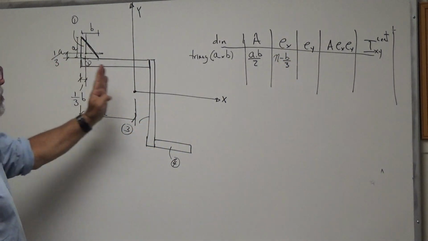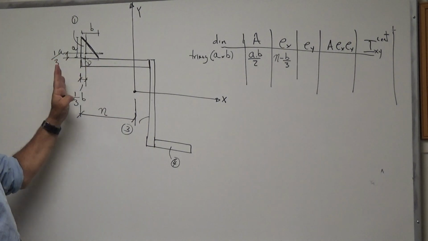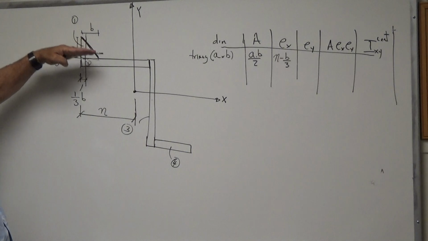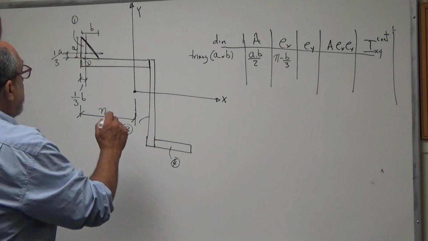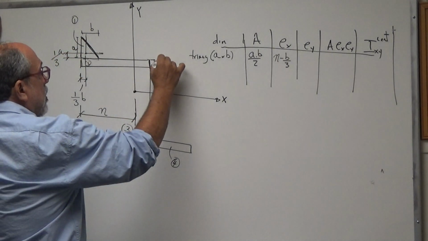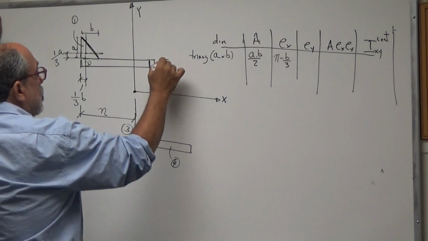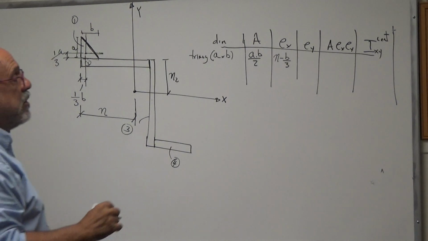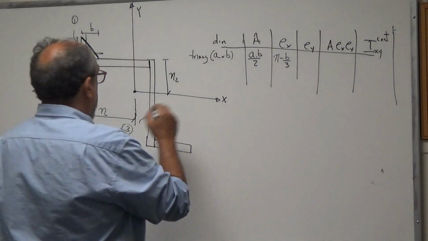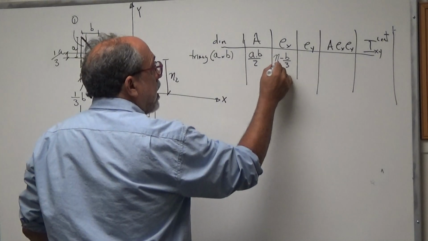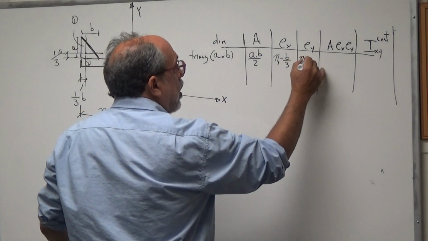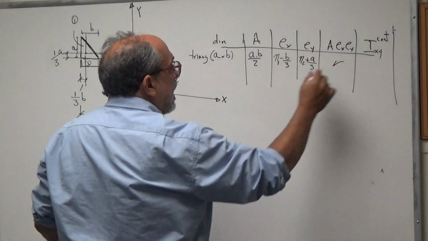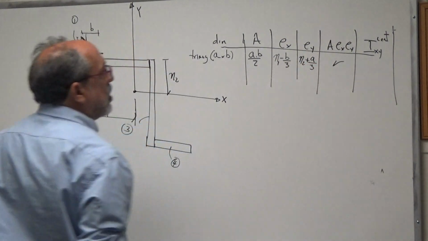And that would be positive because I have to move it to the right, even though it's on the left side, but the shift is to the right. Now, to move this, I have to move it down. So if the distance from here to the top of that line was n2, then my shift is n2 plus 1/3 of A. Actually, let's call this n1. So this would be n2 plus A over 3, right? And then I can do the multiplications of that times that times that to get this number here.